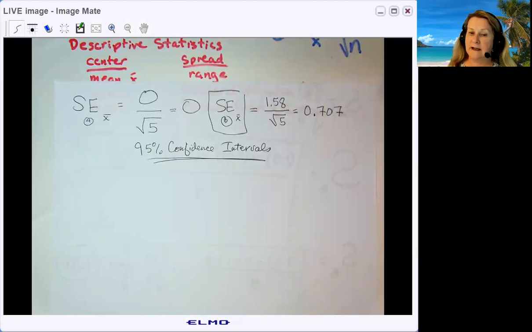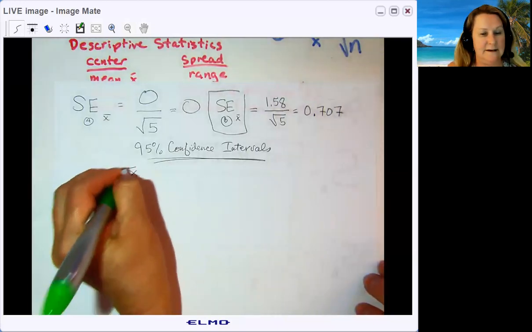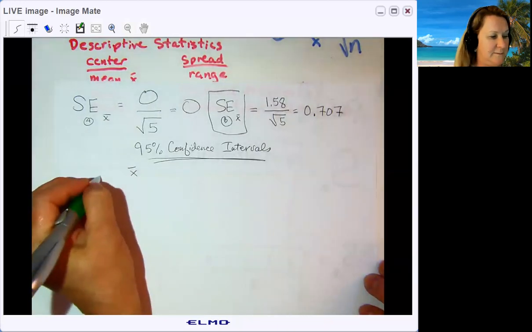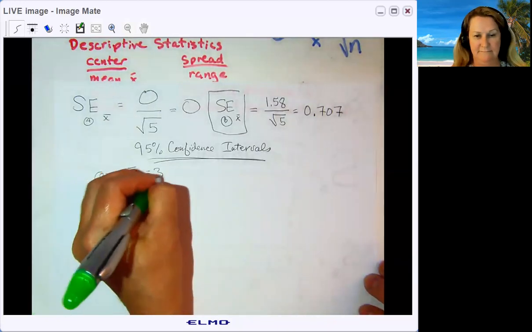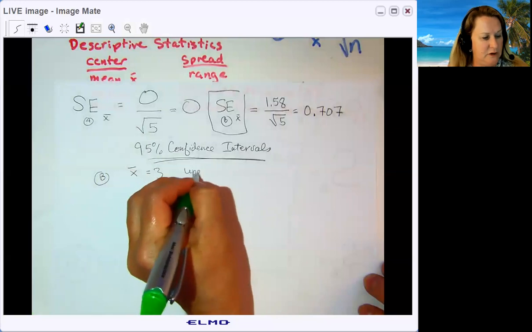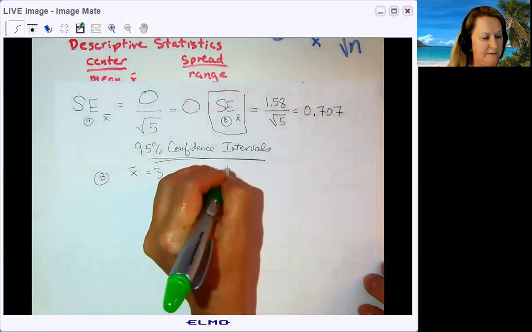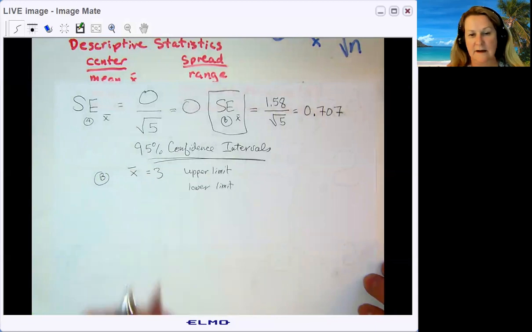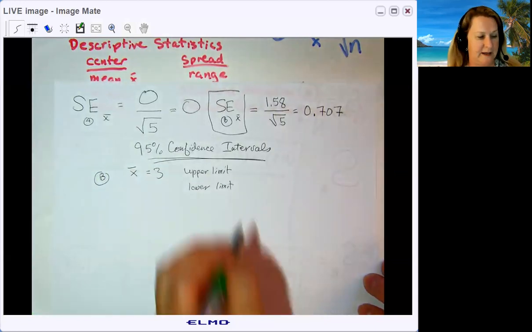Now, to figure out a 95% confidence interval, you need to know the mean of the data set, okay? And for data set B, our mean was 3. And to build a 95% confidence interval in a graph, you need to know what the upper limit of that confidence interval is and what the lower limit is.